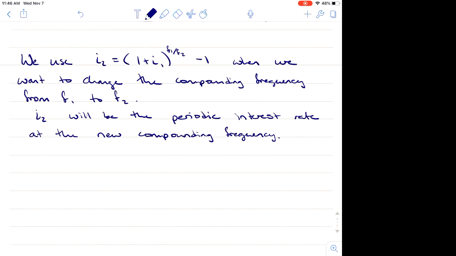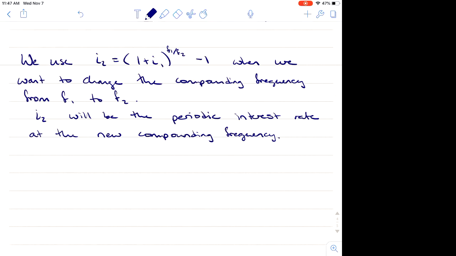And then you'll use I2 in your calculations as your I. Okay? So it's just another step that we keep adding on. I think it's a good idea in general, and I'll do it, just identify the payment frequency and the compounding frequency right off the bat. And then I always convert the periodic interest rate right away, and then I don't forget to do it, because they have to match. But we're not quite there yet.